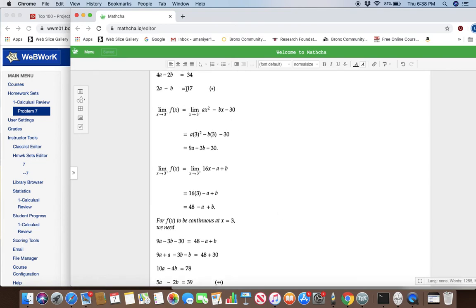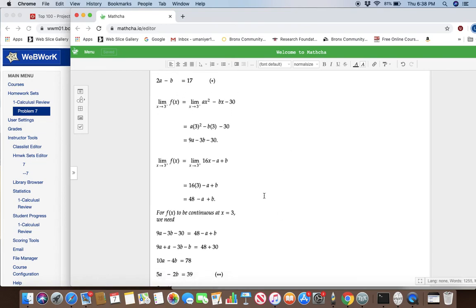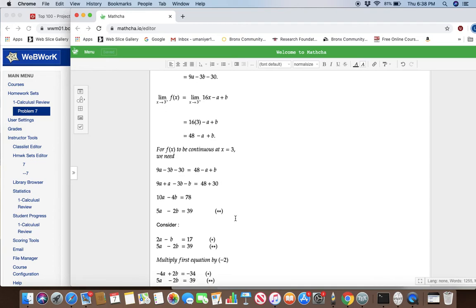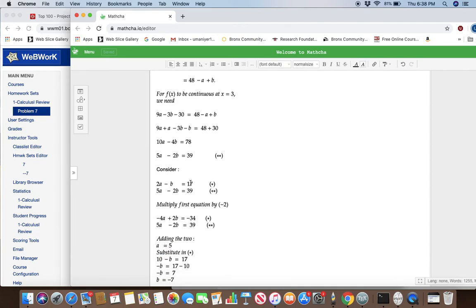If you remember, I had one equation here and here is another equation. Now I have two variables and two linear equations. This is something that you have seen in your earlier classes. Solve for a and b. Multiply the first equation by negative 2.